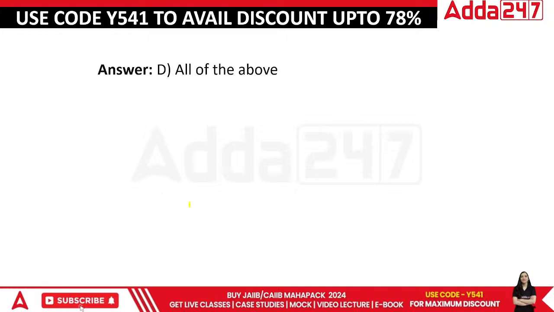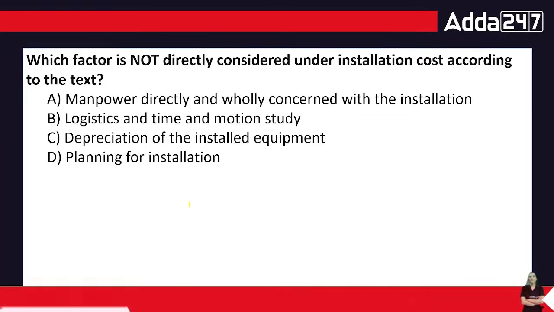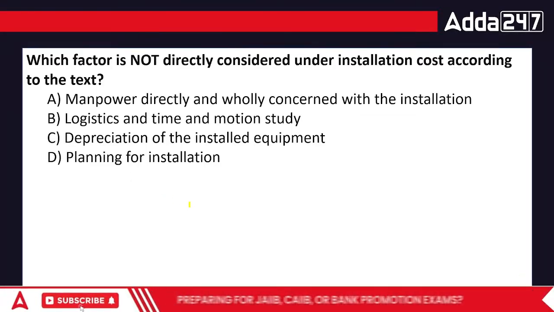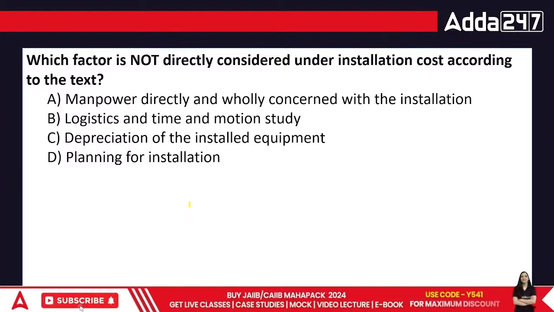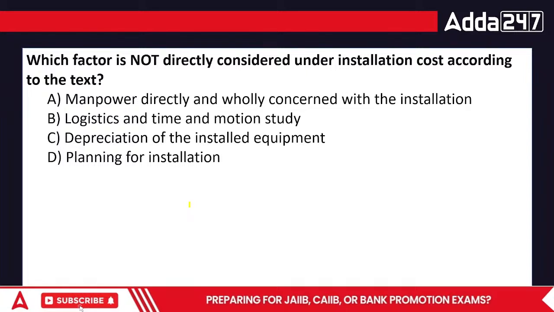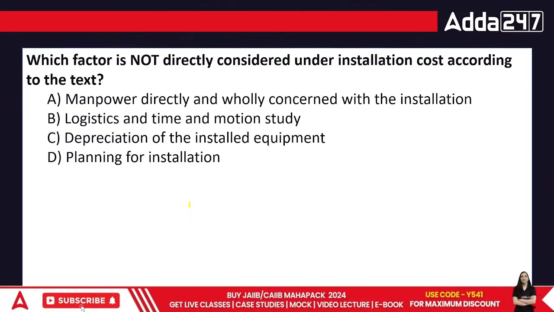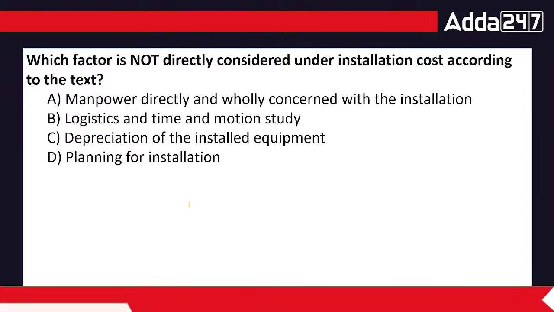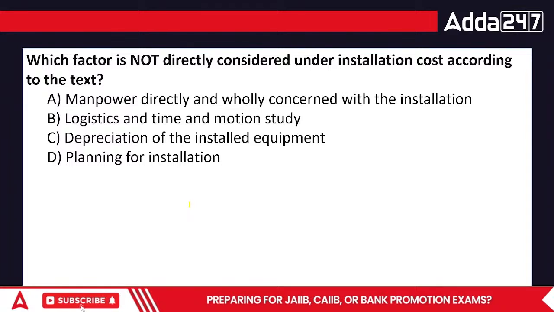Okay, the next question says which factor is not directly considered with the installation cost. Everyone, which is not considered as a cost: manpower directly and wholly concerned with installation, logistics and time and motion study, depreciation of the installed capacity, equipment or planning. Installation cost, everyone.